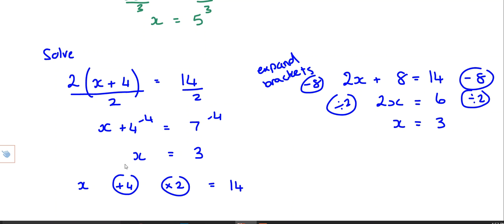So I have to do the opposite. So I divide by 2 first, because the dividing by 2 gets rid of the timesing by 2. So I do it on that side, which means I have to do it to the answer as well. Then I do that bit. So I don't need to expand the brackets.